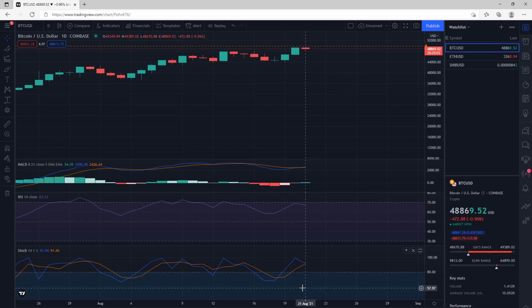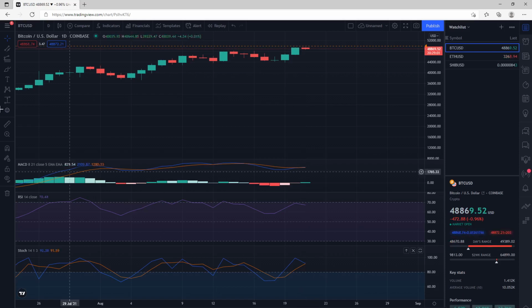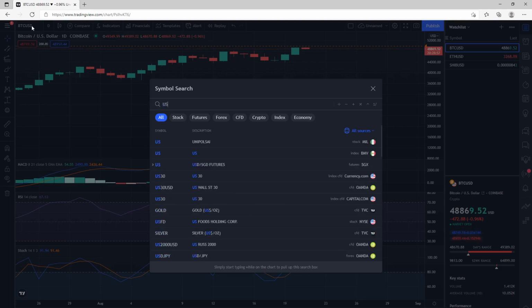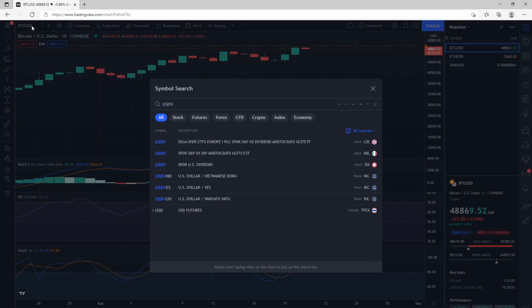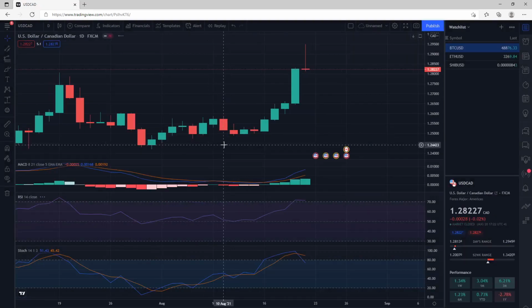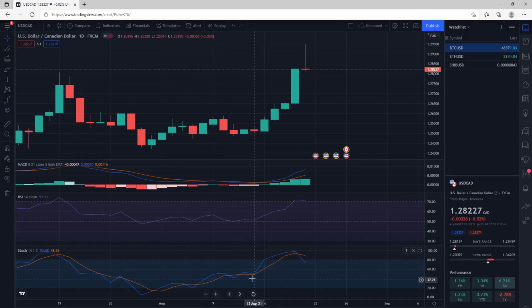Really, anything this works on. Quickly, we can take a look at USD versus CAD. So this is like Forex. You can see here, we have these exact same indicators. Ooh, bad dip coming.